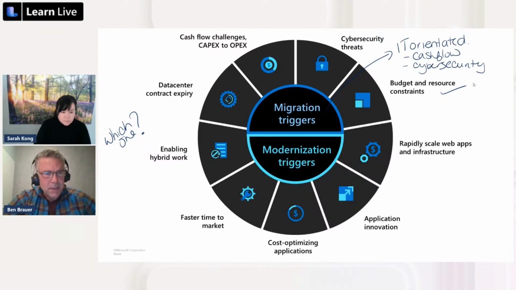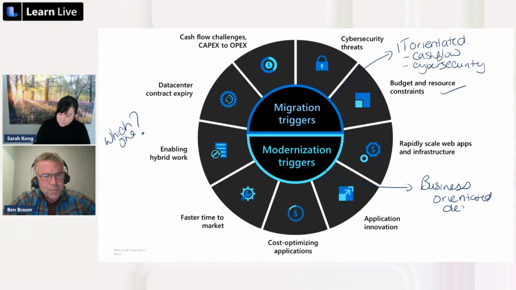The reason for the difference with modernization is that modernization is usually related to business-oriented decisions or triggers. For instance, if you're trying to enable hybrid work, that is a business-oriented decision because you're trying to empower your workers to have a different way of working.